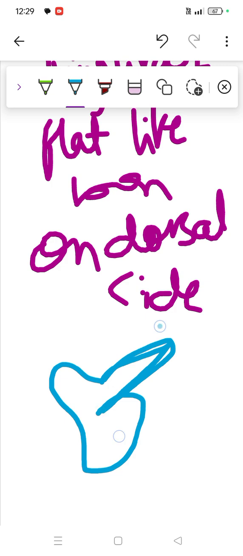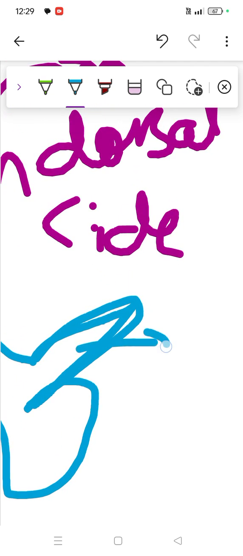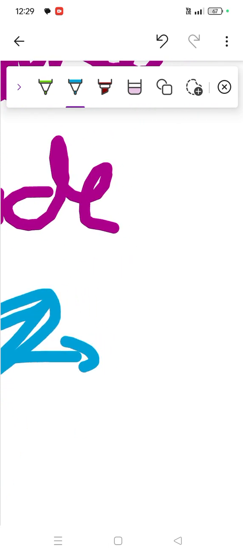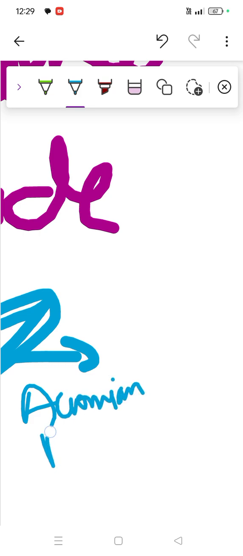Here this region is called the acromion process, right? I hope it will be clear.